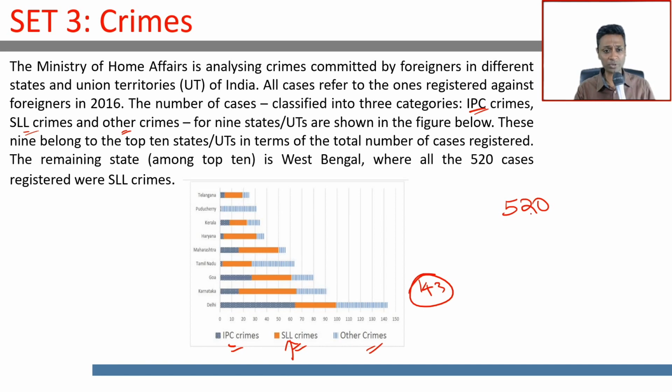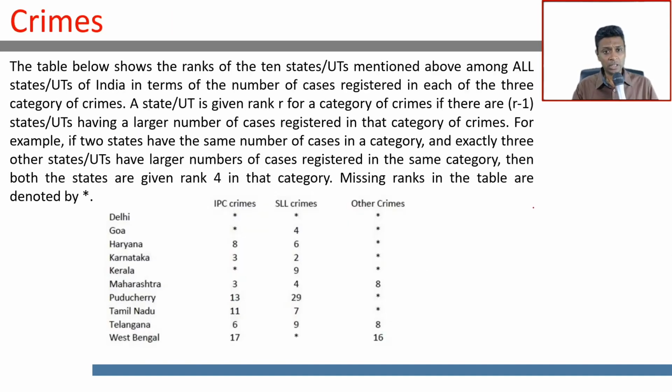West Bengal tops the chart in the total number of crimes by a distance, everything being SLL. Okay. The table below shows the ranks of the 10 states mentioned among all states, union territories of India, which is why some ranks are 11, 29, 16, and all that. So this is not just the 10 states that are listed, overall ranks.